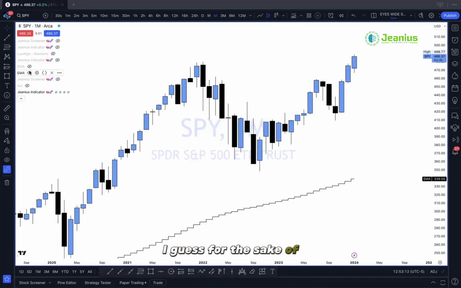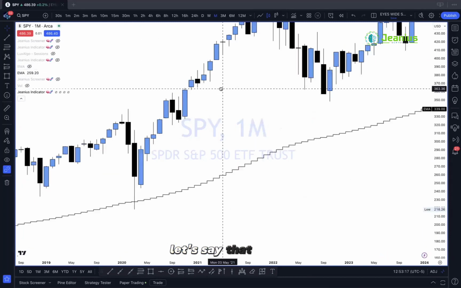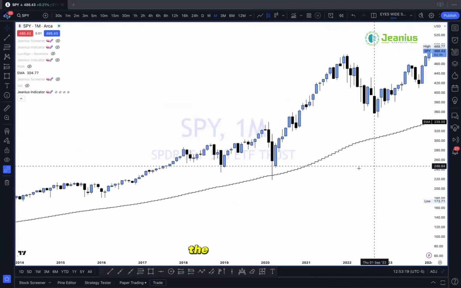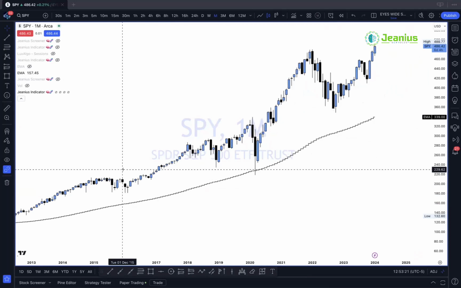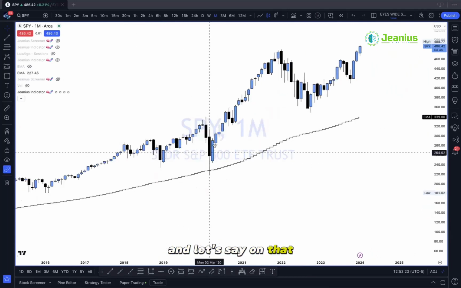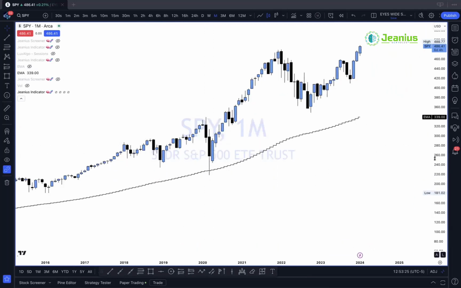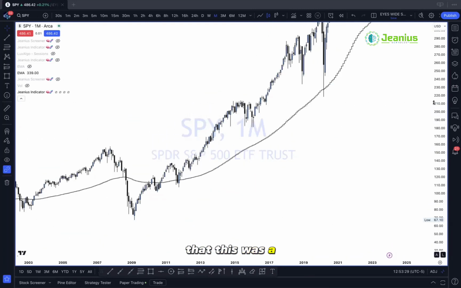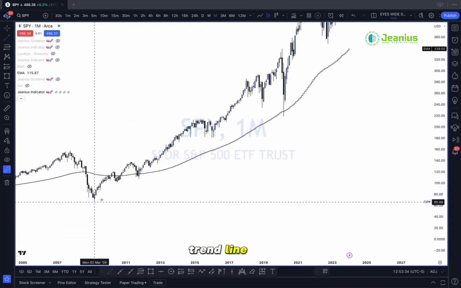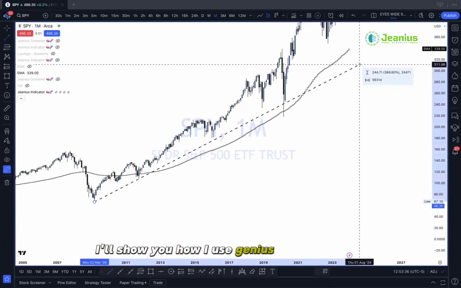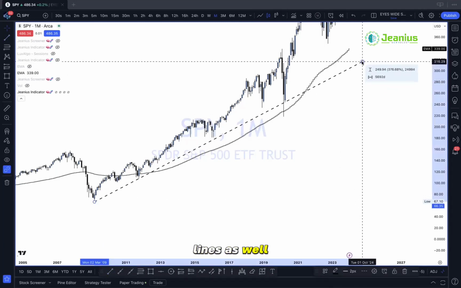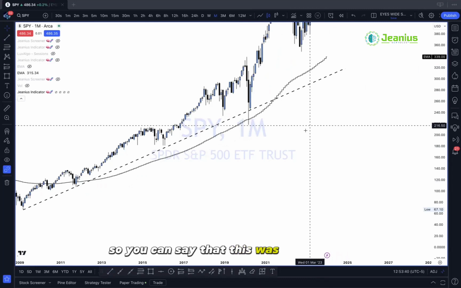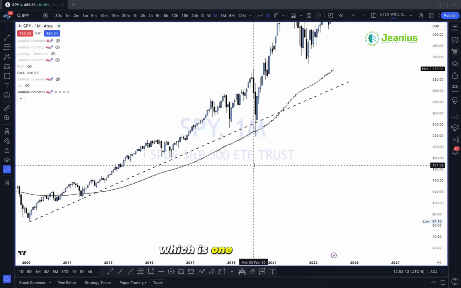I guess for the sake of instruction, let's say that this is the 50 moving average, right? And let's say at this point of the chart, we could say that this was a trend line, and I'll show you how I use Jeanius to do my trend lines as well. So you could say that this was a trend line, which is one confluence.